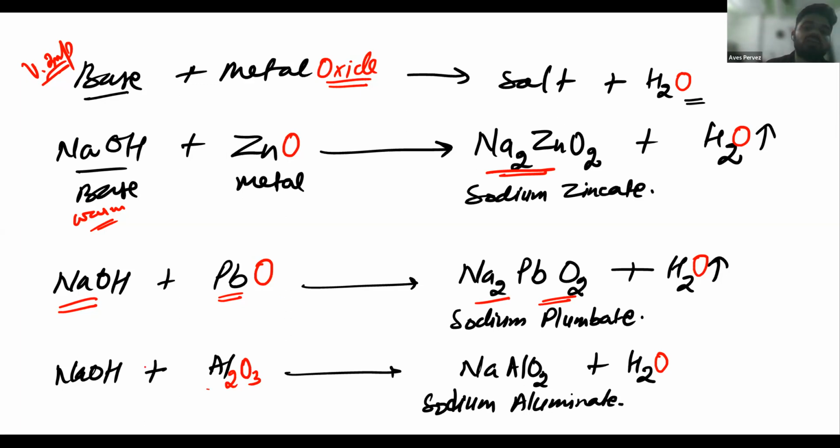Now note it again: bases when they react with metal oxides give you Na2ZnO2. Note all three equations again. Madiha, Zeba, Jaslin, are you getting my point? Yes, sir.